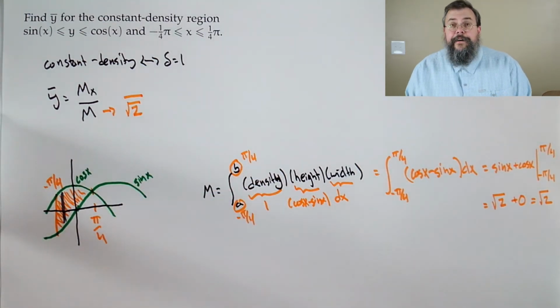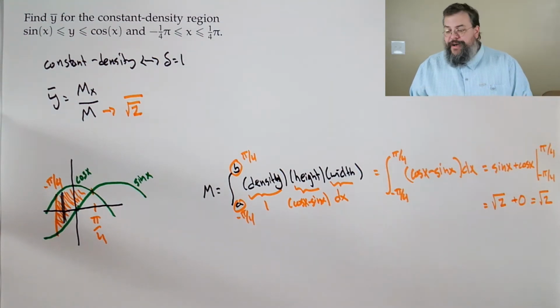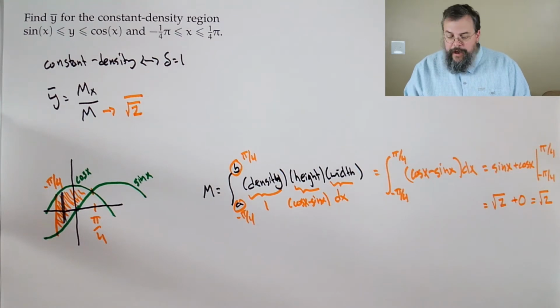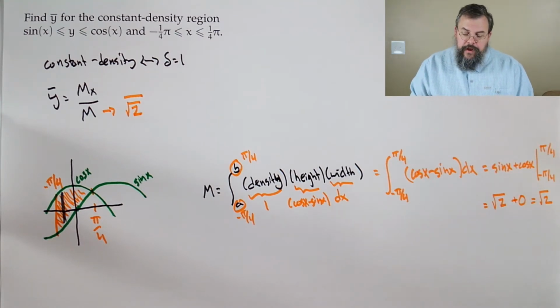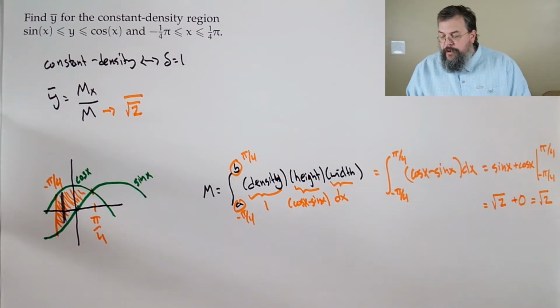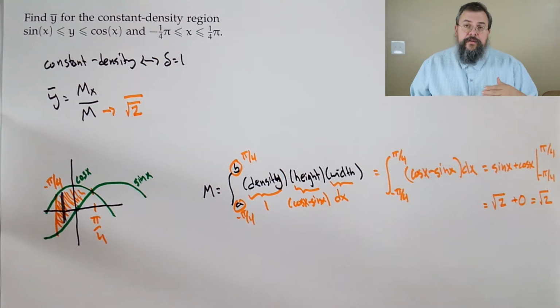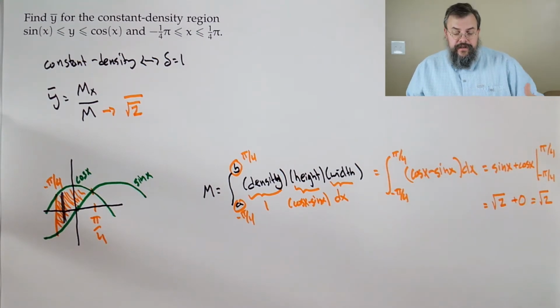Good. Halfway. Because we need to take a moment and finish up the other part. So, how do we do moments? Well, it's a little bit more interesting. So, to do a moment, what we need to do is to say, okay, we have to include location.